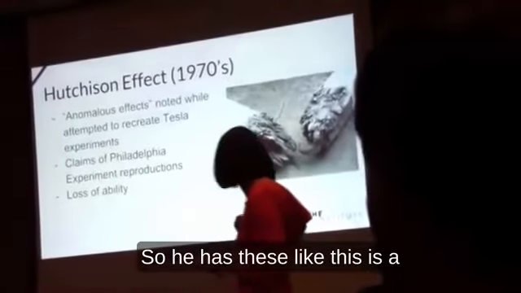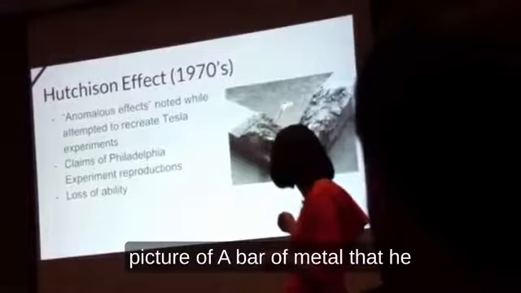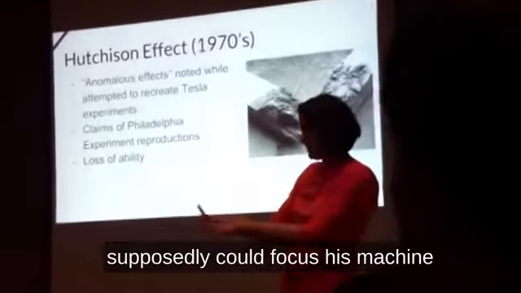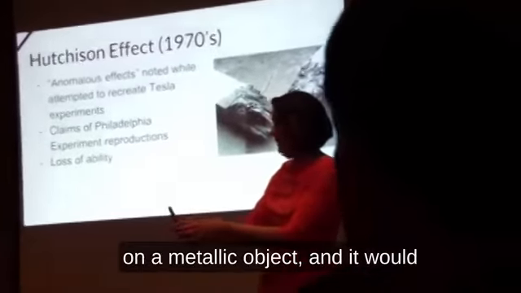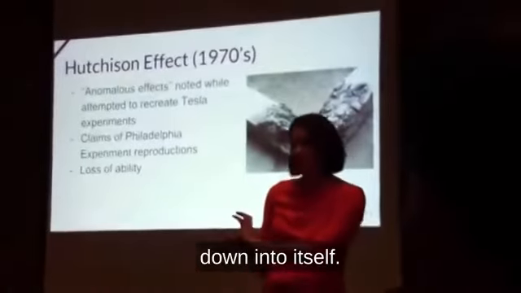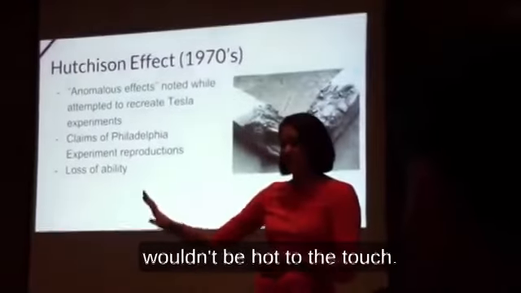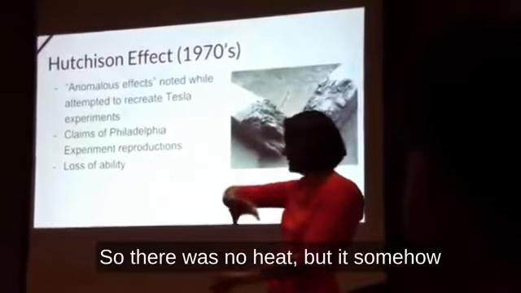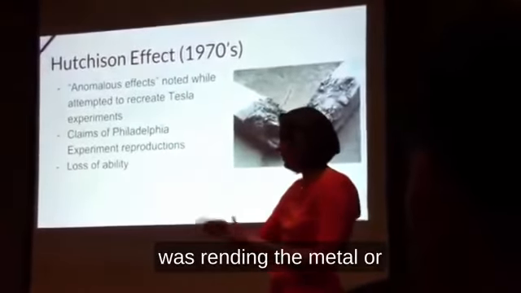So this is a picture of a bar of metal that he supposedly could focus his machine on, and it would just kind of melt and twist down into itself. And then you would touch it and it wouldn't be hot to the touch. So there was no heat, but it somehow was rending or deforming the metal.